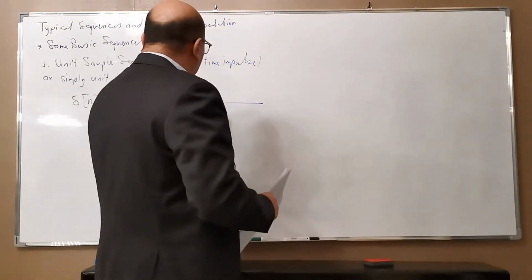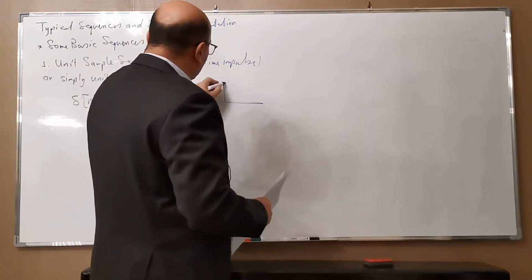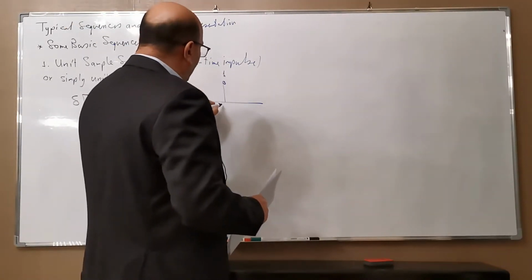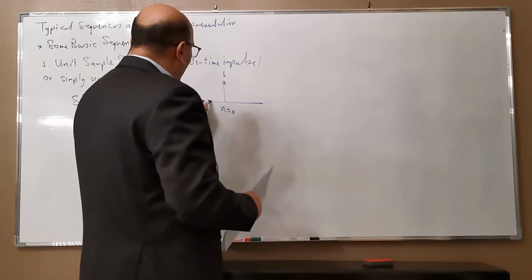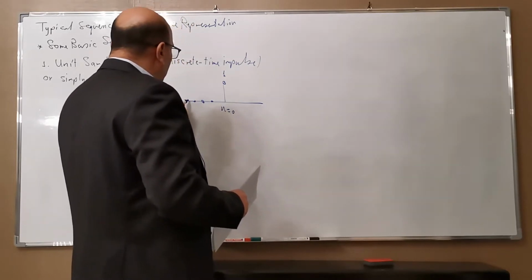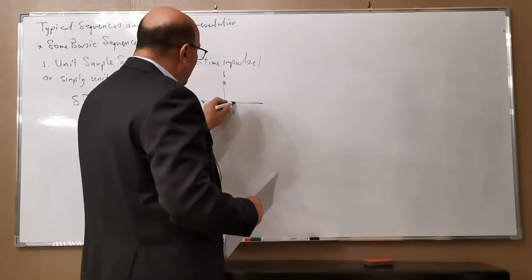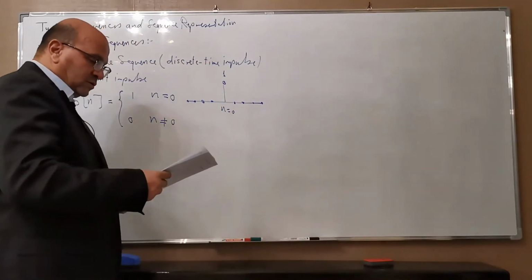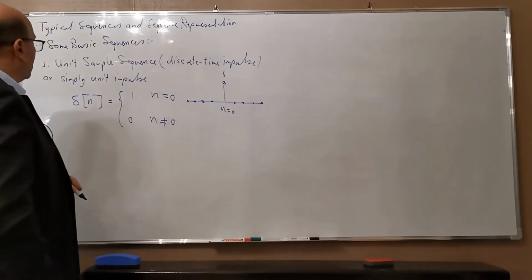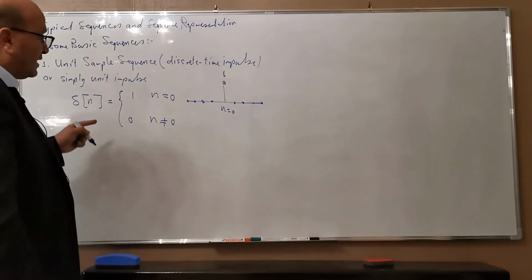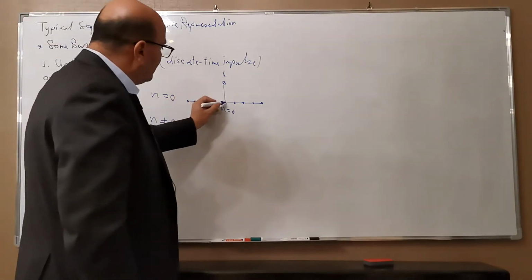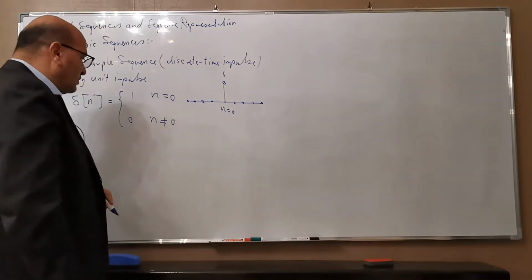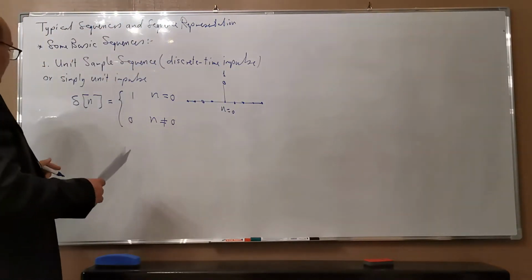Graphically, this is represented with a stem of an amplitude of 1 at n equals 0, and all other values from the right side and the left side are all zeros. So this is the unit sample sequence. It has an amplitude of 1 at n equals 0 and 0 otherwise.